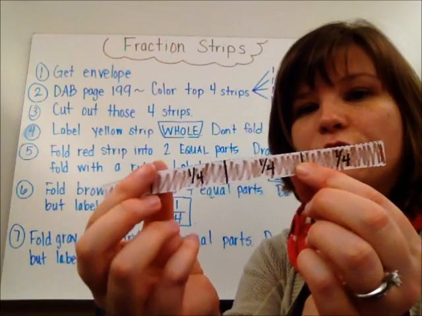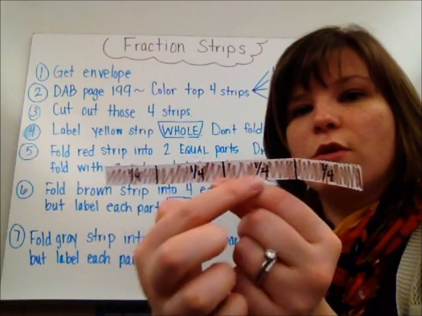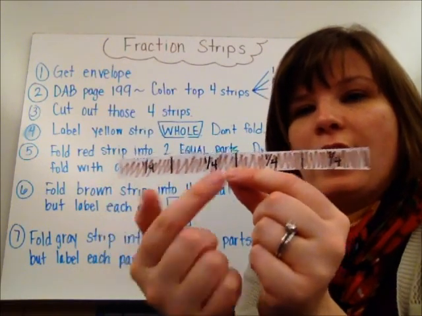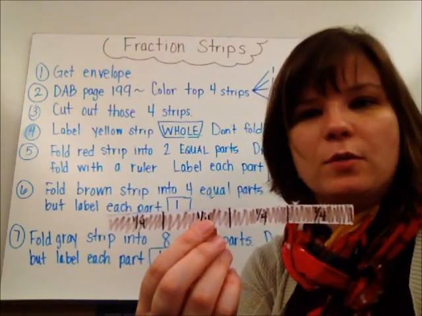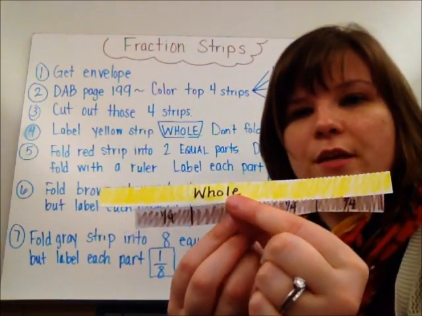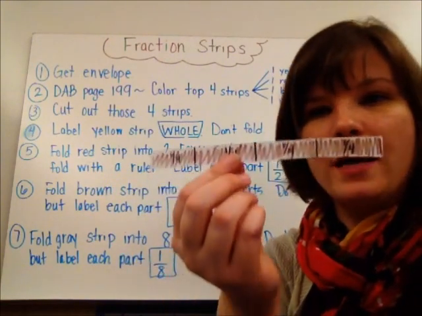And then I drew my lines with my ruler, and I labeled each part 1/4, 1/4, 1/4, 1/4. We have a total of 4/4 or 1 whole. If you hold it up to your 1 whole, any of these would be the exact same size. But we're dividing them into fractions by folding them.